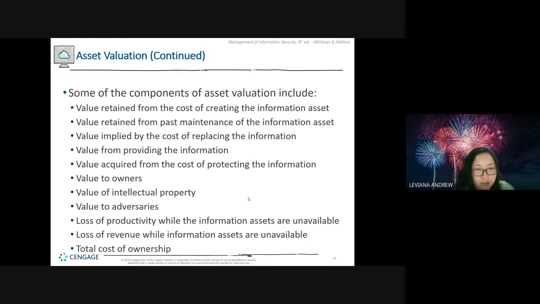Number two, value retained from past maintenance of the information asset. It is estimated that between 60% and 80% of the total cost of acquiring and operating an information asset is incurred in this maintenance phase.